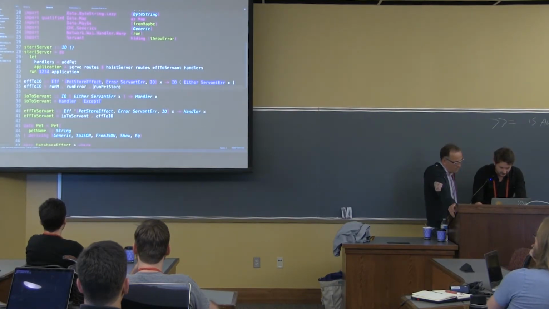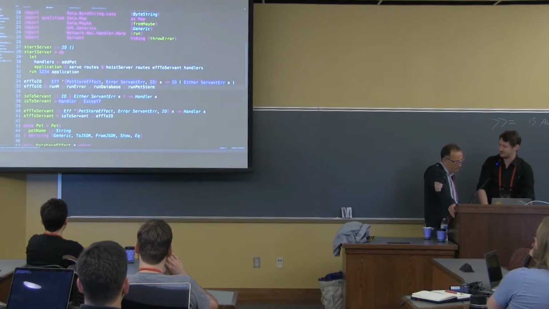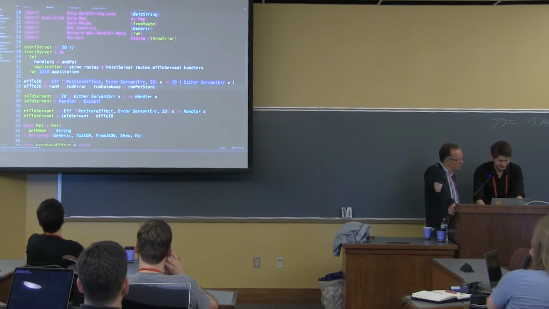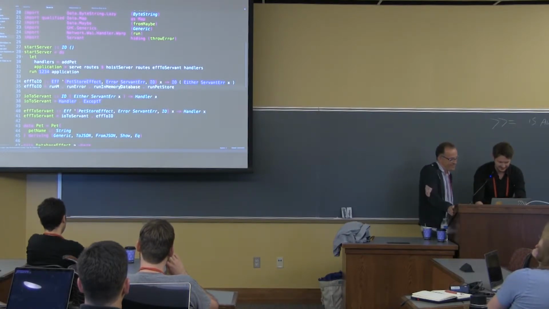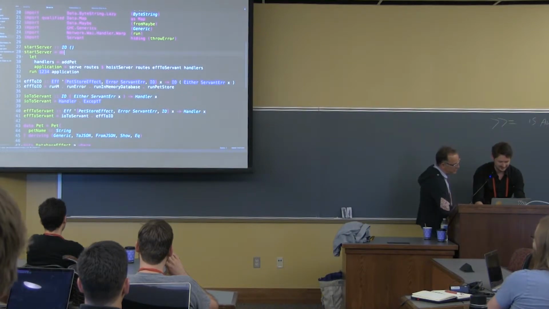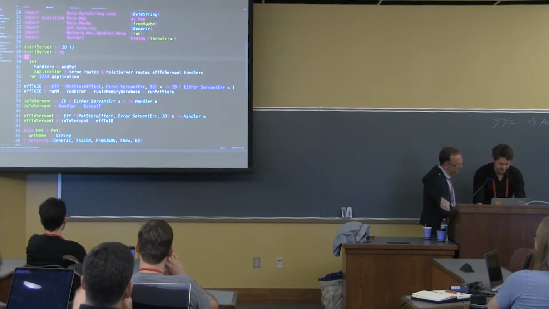Okay. So run database. Should we just, to get something working with the tests, do an in-memory one? You don't want to spin up a MongoDB server? No. Okay, well, fair enough. Let's not do that. In-memory database. Cool. And let's store it in some MVar thing. Yeah, let's just do MVar for now.